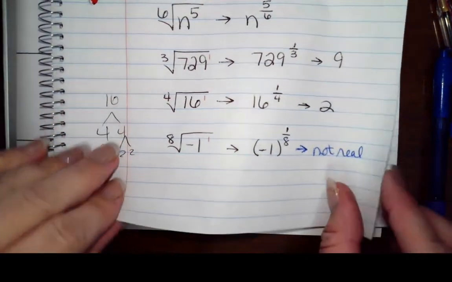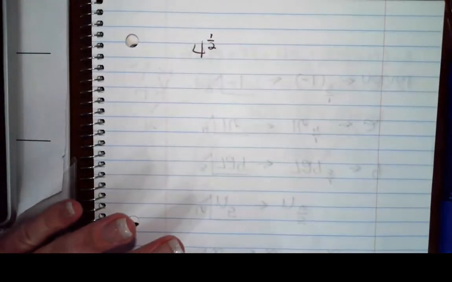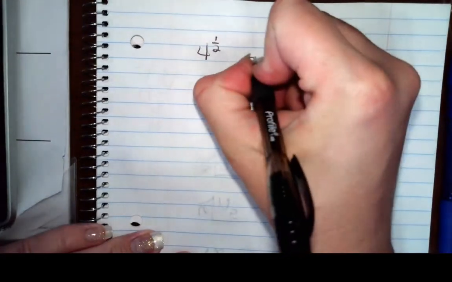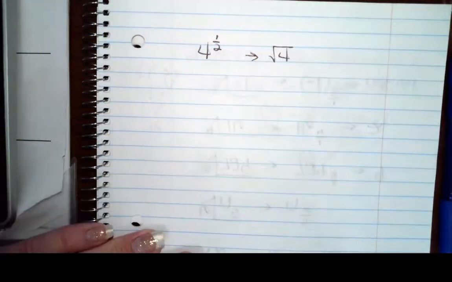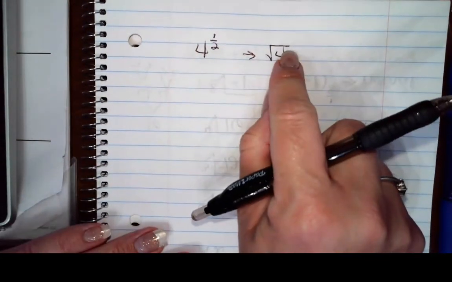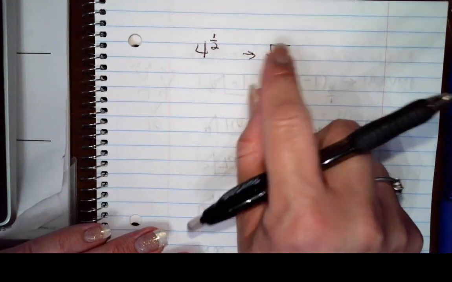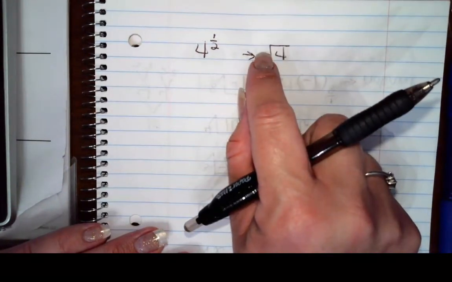All right, I've got 4 raised to the 1/2 power. So now we're going to go backwards. I've got 4 to the first power. But what root are you taking? You're taking a square root. So that really means the square root of 4. So it's understood that that's to the first power, and it's understood that you're taking a square root.